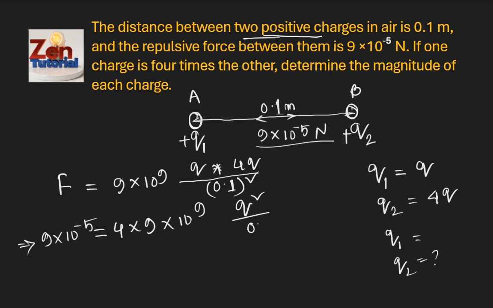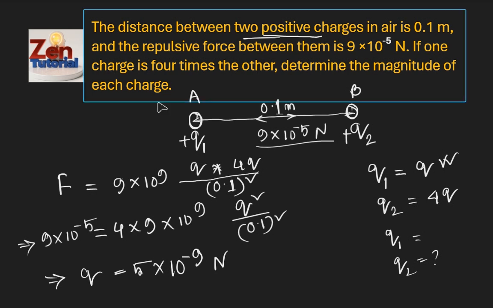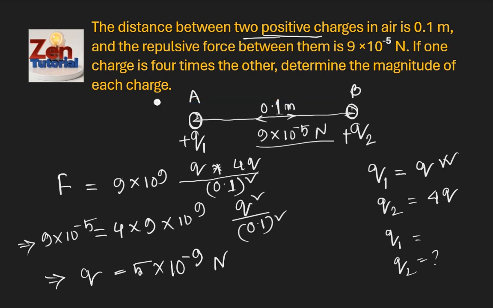So 0.1 whole square. So we could write down Q equals 5 times 10 to the power 9 Newton. So Q1 is 5 times 10 to the power 9 Newton.